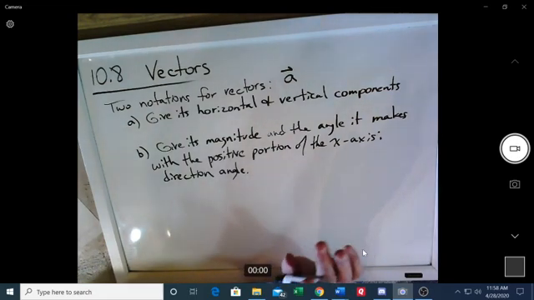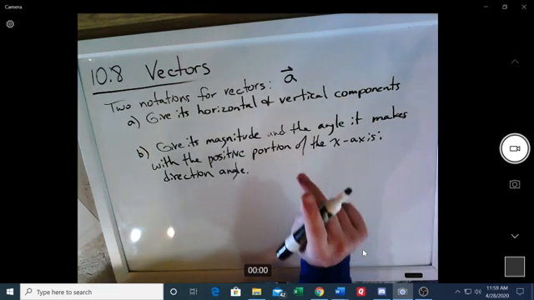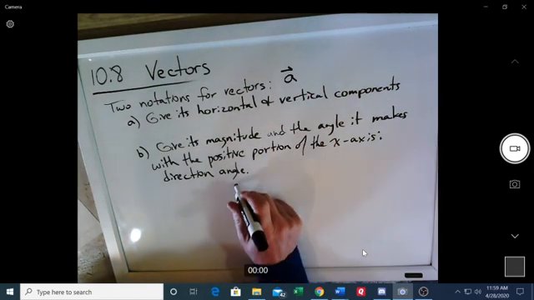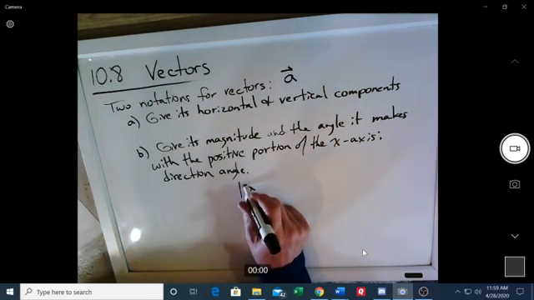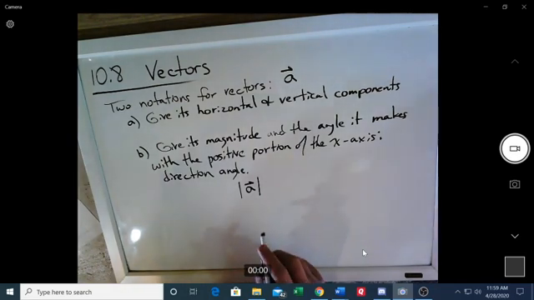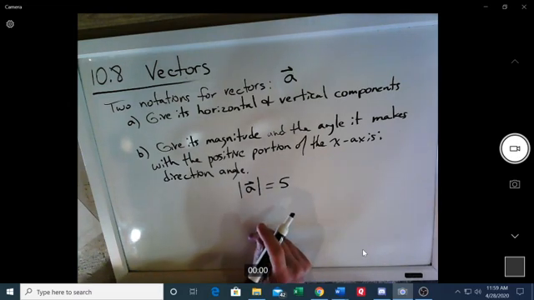Now, we might use something like this. We put this. This means the magnitude.